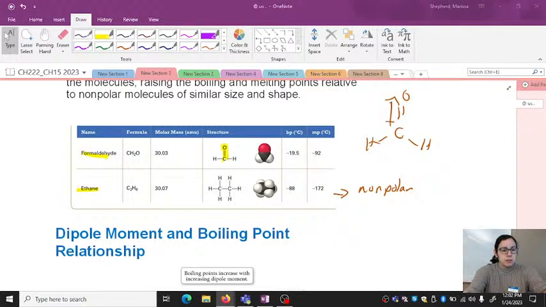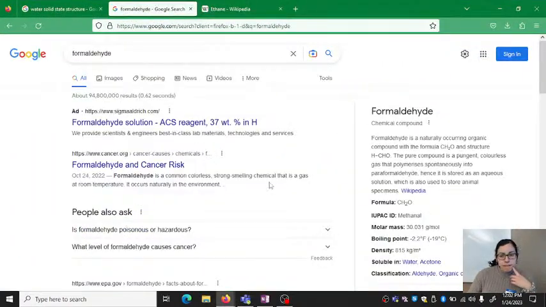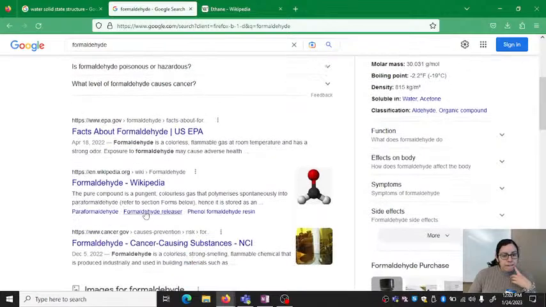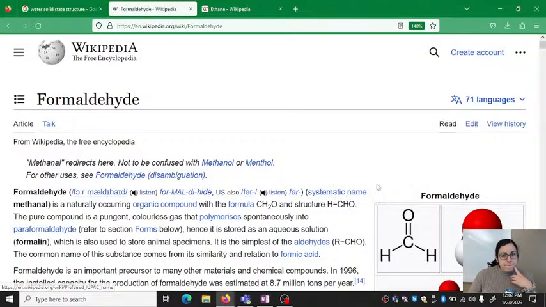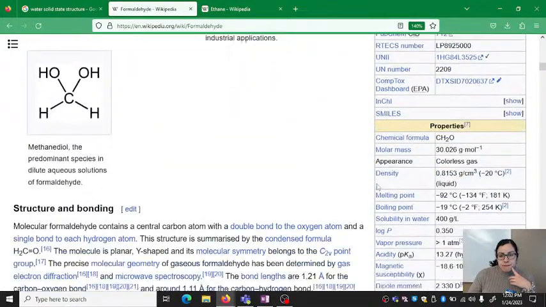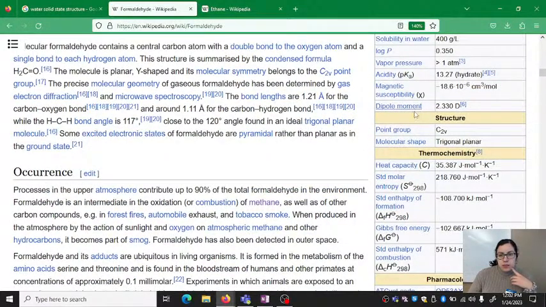Now let's see if we can pull up, again just so you have some numbers in context. So here's its dipole moment.